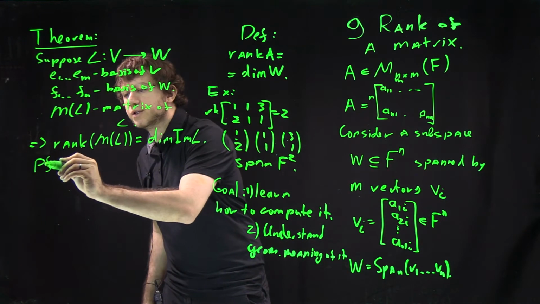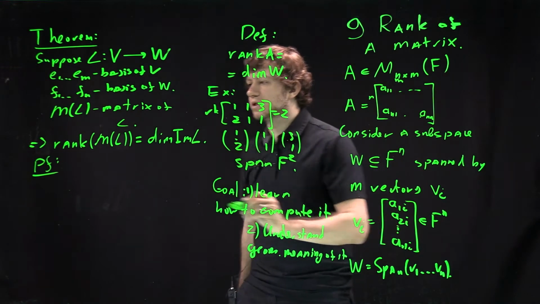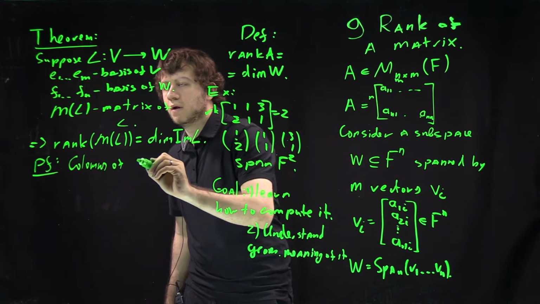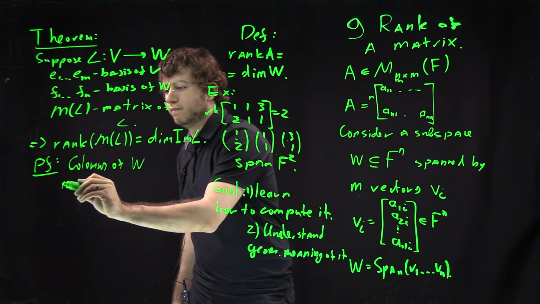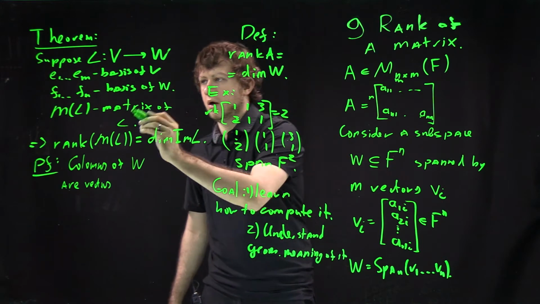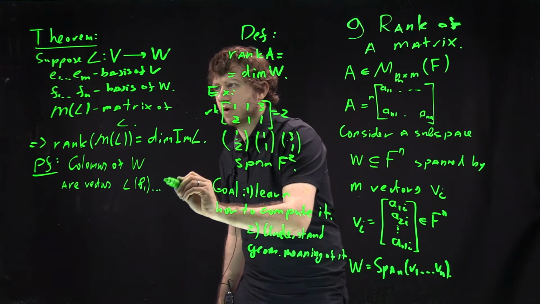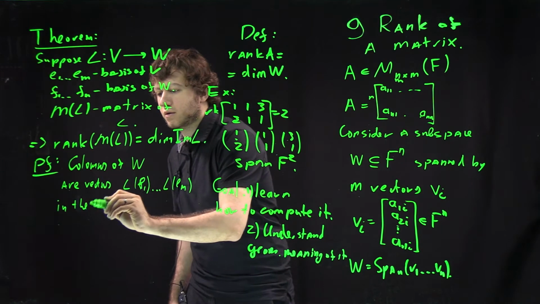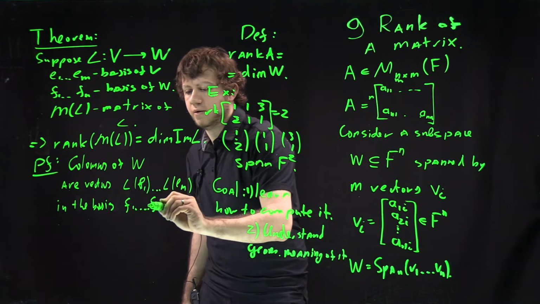So the proof is completely straightforward. I don't know why I called it a theorem, it's a totally obvious statement. The reason is very simple: the columns of the matrix are the vectors L(e1) up to L(em) in the basis f1 up to fn.